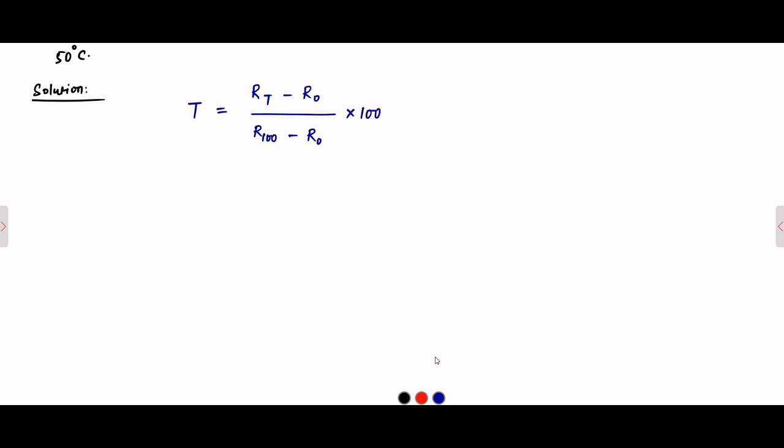So the general equation is: R_T minus R at the lower fixed point, by R at the upper fixed point minus R at the lower fixed point, into the difference of temperature between the upper fixed point and the lower fixed point. For the Celsius scale, this is the general equation for the temperature.